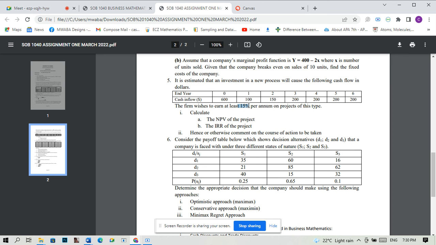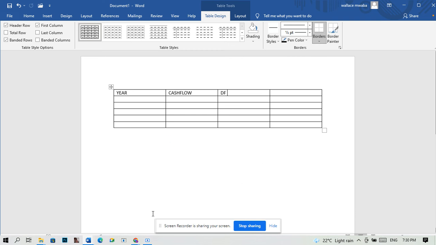So we're going to use this 15% as our discount factor. Discount factor at 15%. Then we have our present values here.